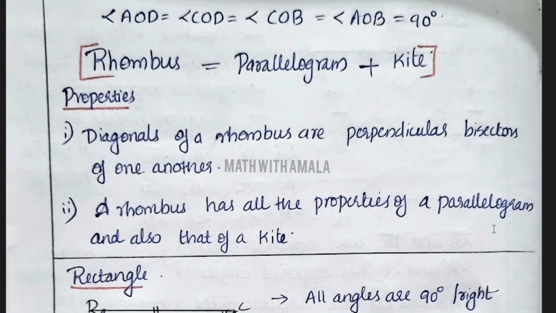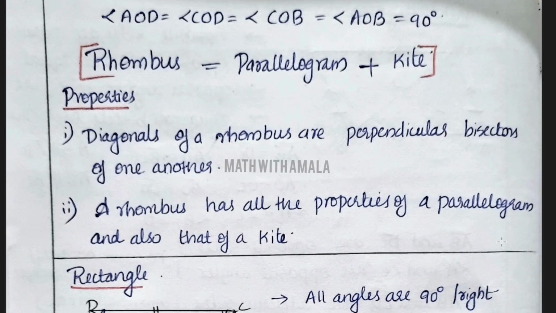The angle made at the intersection of the two diagonals is 90 degrees. A rhombus is actually a parallelogram and kite combination. The diagonals of a rhombus are perpendicular bisectors of one another. A rhombus has all the properties of a parallelogram and also those of a kite.